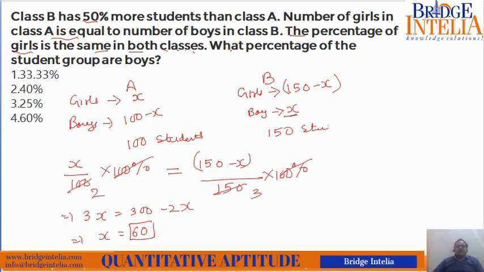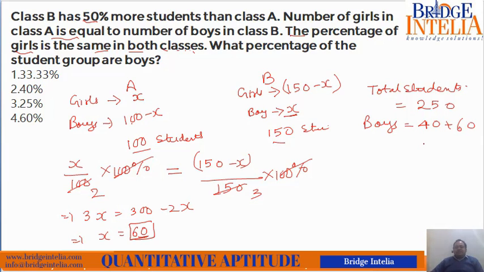The question is, what percentage of the student group are boys? Total students: 100 plus 150, so 250. Number of boys: here 100 minus x, which is 40, plus here x, which is 60.